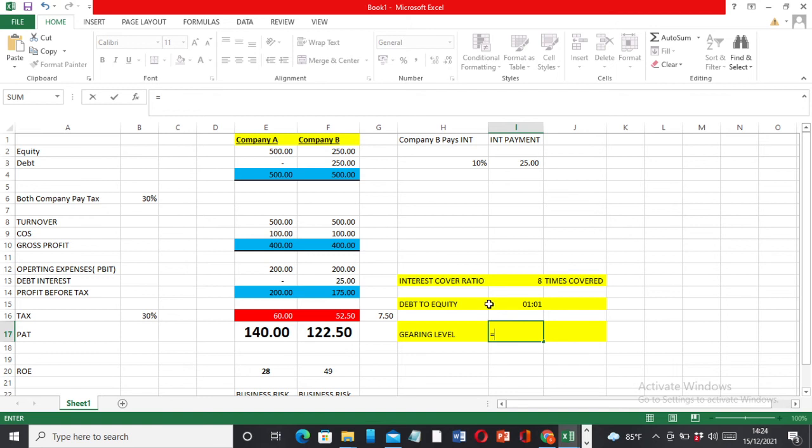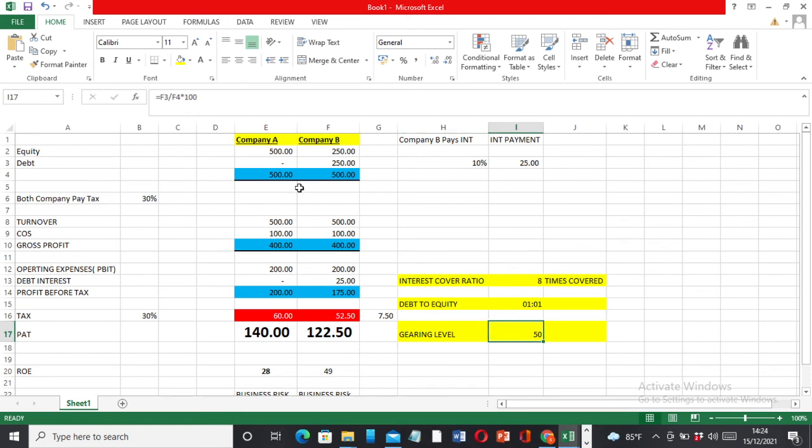We get debt divided by debt plus equity, which is 500, and we multiply it by 100, 50%. So this says 50% of the company is funded by debt and 50% is equity financed, capital finance. You can very clearly see, you don't have to calculate this, right?